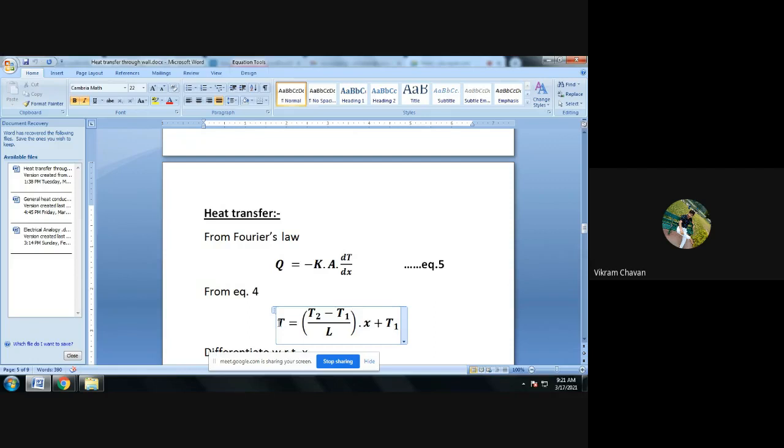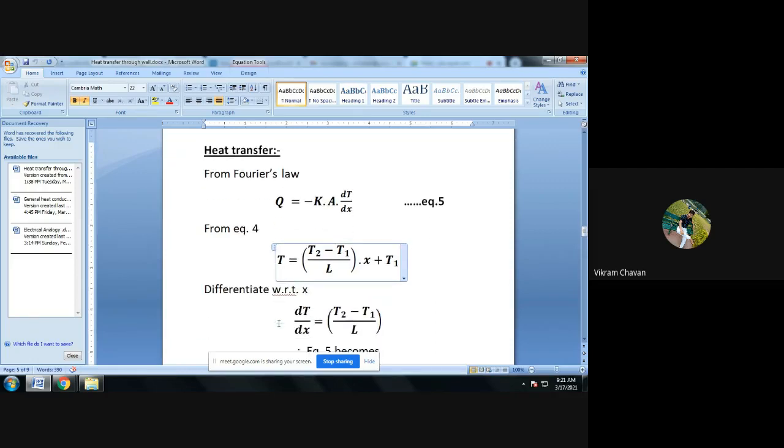In the differentiation, T is the variable, whereas T2, T1 and L are constants. So differentiation of T will be dT divided by dx.